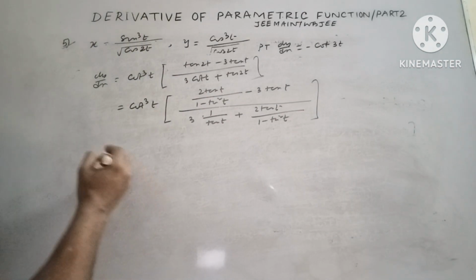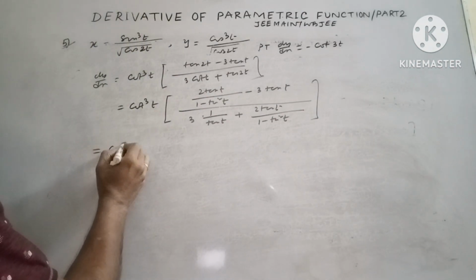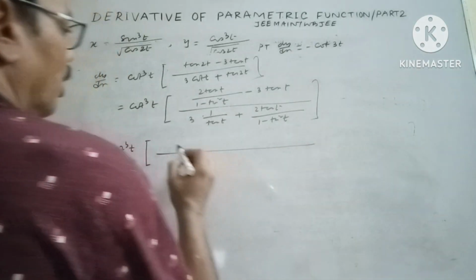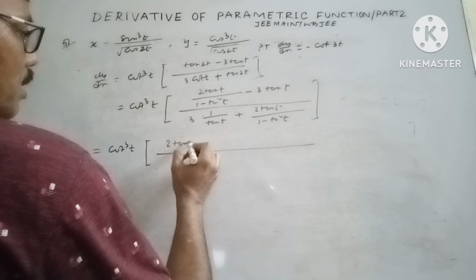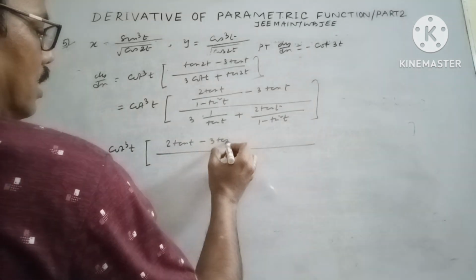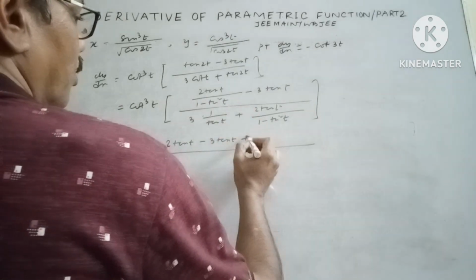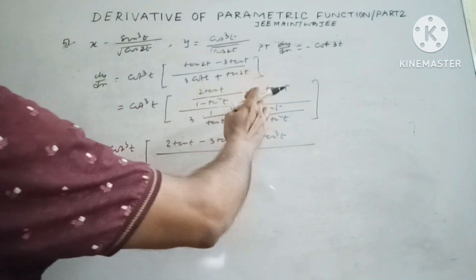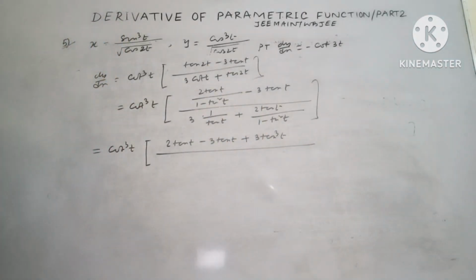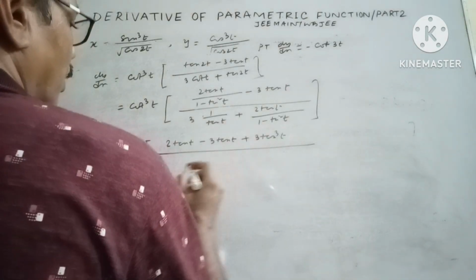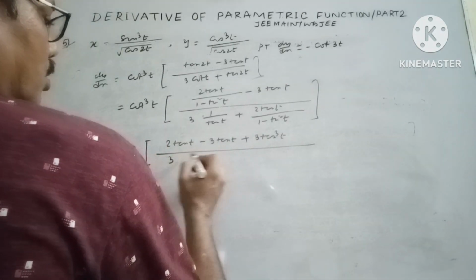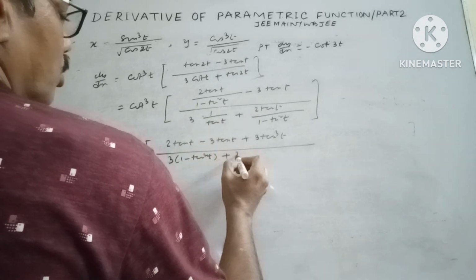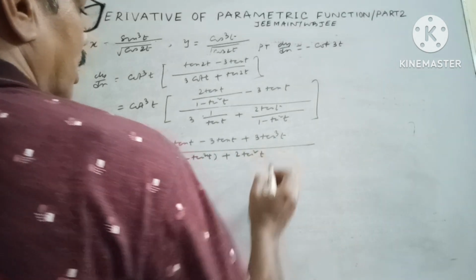Now you simplify and get the result. So look, 2 tan t minus 3 tan t plus 3 tan cube t, and the denominator is 3 into 1 minus tan square t plus 2 tan square t.